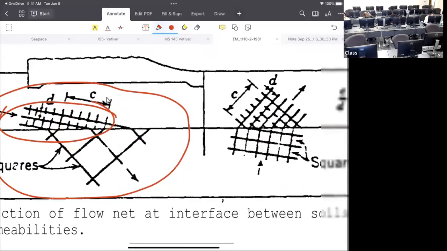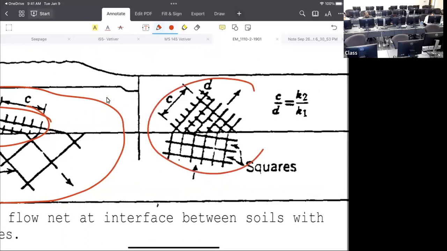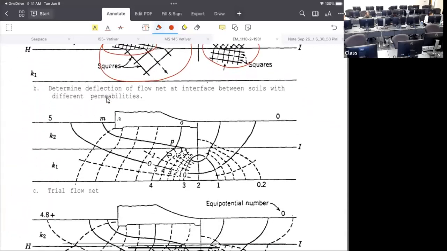The same way, your equipotential line is adjusted. But for the problem I showed, you don't need to. In terms of your equipotential line, it always goes perpendicular to your flow line. That's a little bit tricky.